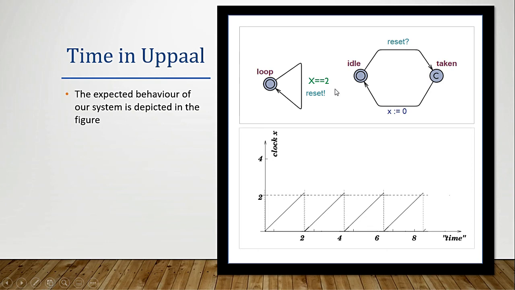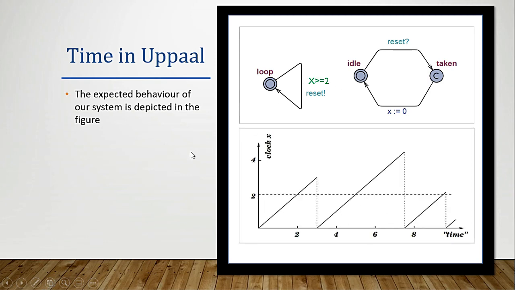This is if x equals 2. So let's see another example, the same one, but we change it to x greater than or equal to 2. In this example it should be the same, except here x can go over that, starting from 0 until 2.